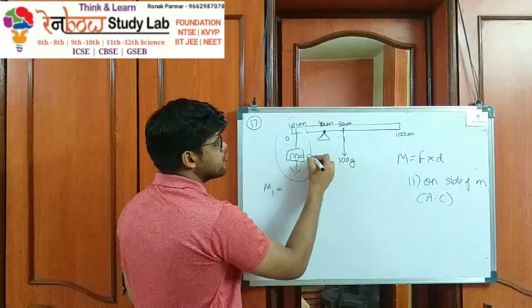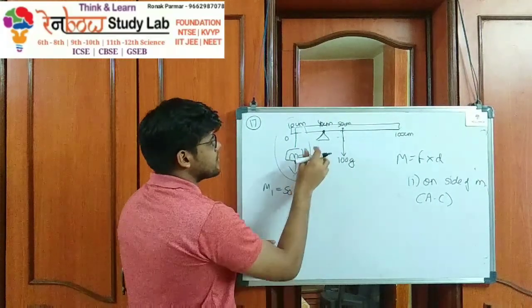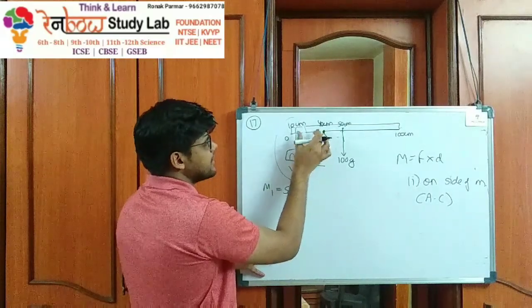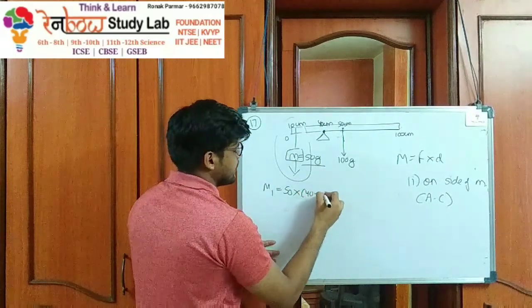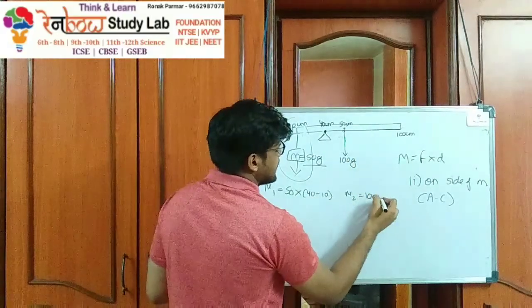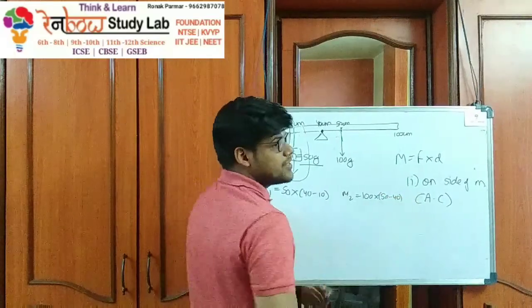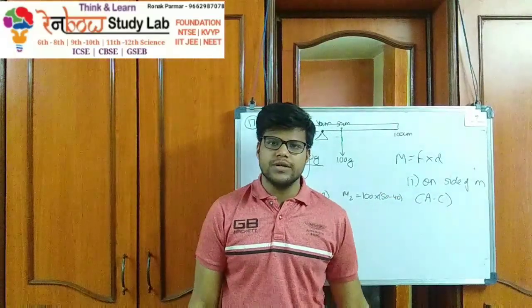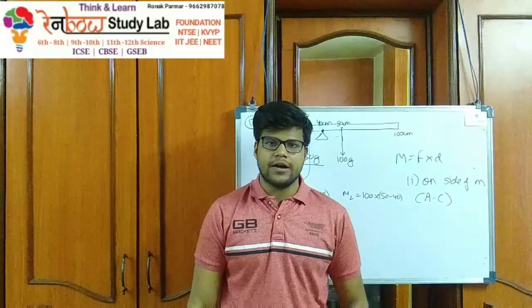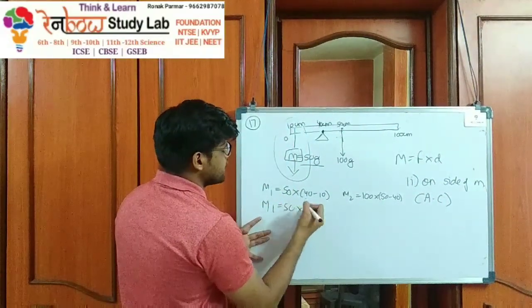I have already calculated M to be 50 gram in your first part. 50 into distance. What is distance between pivot and this? 40 minus 10. And M2 will be due to this one, 100 into distance, which is 50 minus 40. Resultant means calculate all the moments and then add or subtract. M1 is 50 into 30.